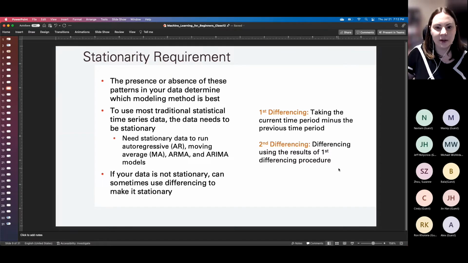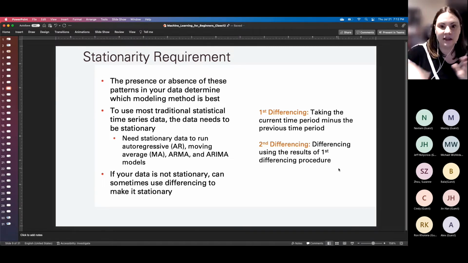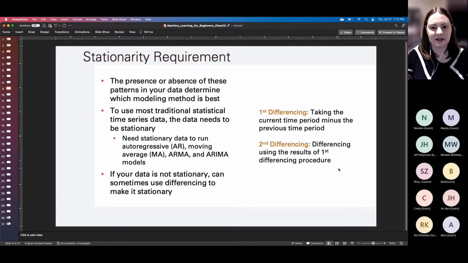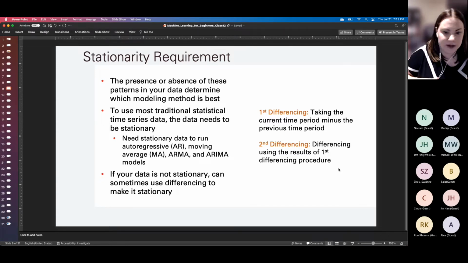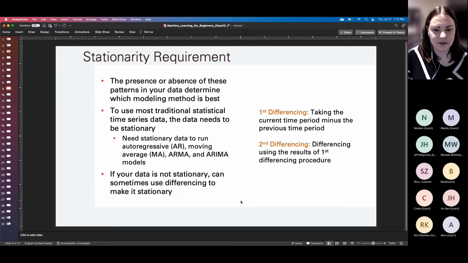Sometimes when there's trends and seasonality, when you do first, second, or even third differencing, it will take that seasonality and trend out and leave you with a stationary data set that you can then use, say, ARIMA models on. I go into, in my other class, when to use autoregressive versus ARIMA, all of that. So feel free to check it out. That would be your first line of defense.